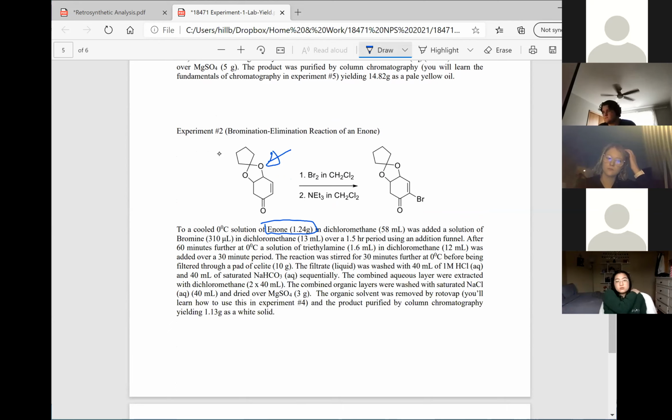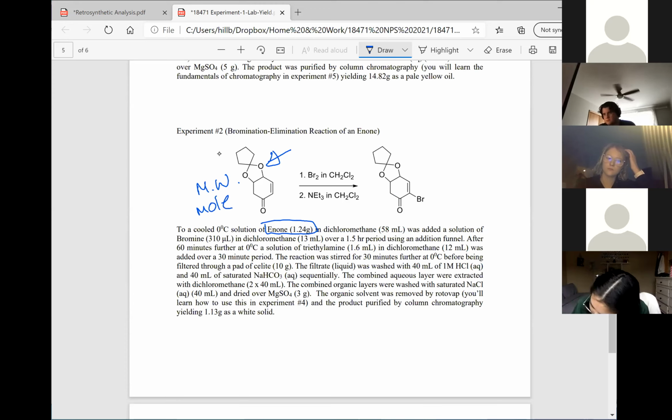You don't need to know the density, because that won't be in any of the literature. So just find out the molecular weight, and since you know the grams, you can calculate the moles or millimoles.